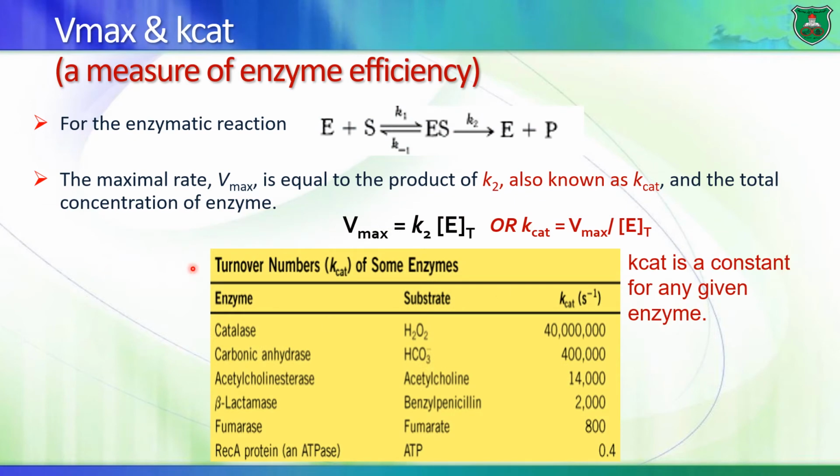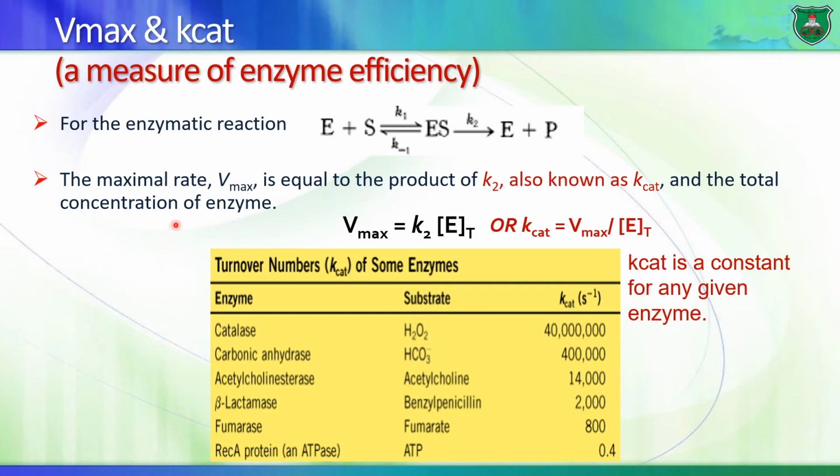Well, let's put things together. For an enzymatic reaction, E plus S forming ES complex, again you have rate constants in here, K1, K minus 1, and then ES is converted to E plus P, okay? And there is another rate constant for this reaction as well.